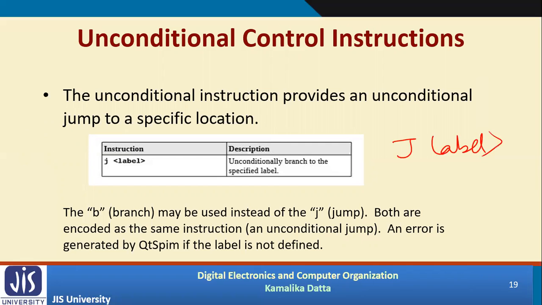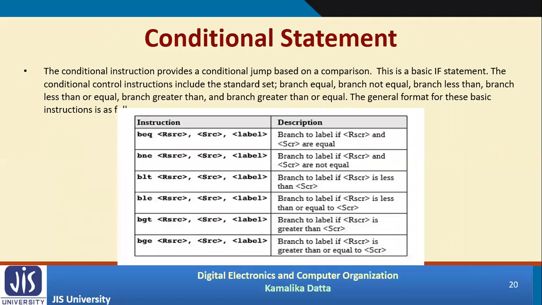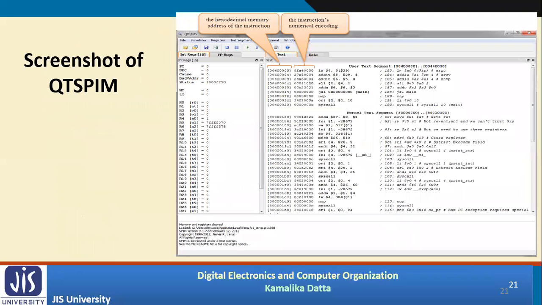Label means it will jump to a particular memory location where that branch basically takes place. So we'll look into all these things when we actually do this in the next semester. But in this semester, we will be executing simple instructions and we will see how QtSPIM actually works. These are some of the conditional statements which I'm not discussing right at this moment. Basically, branch if equal, branch if not equal, etc.